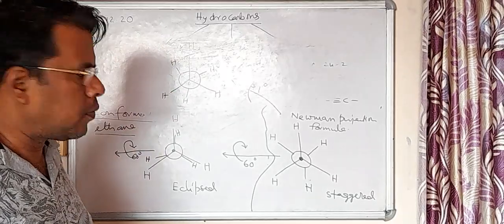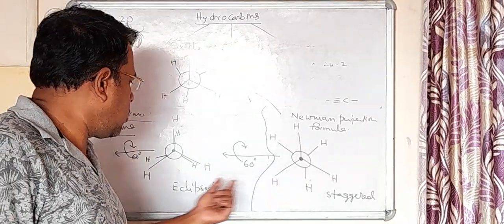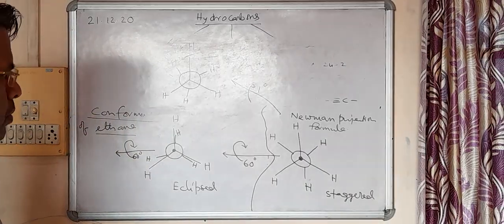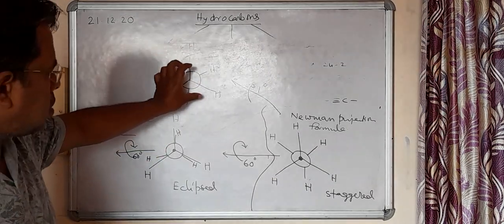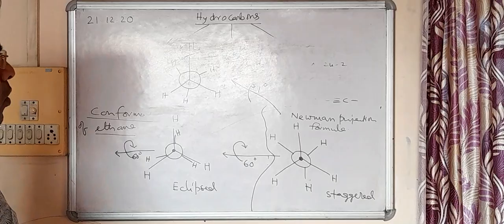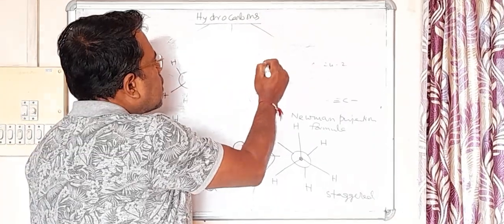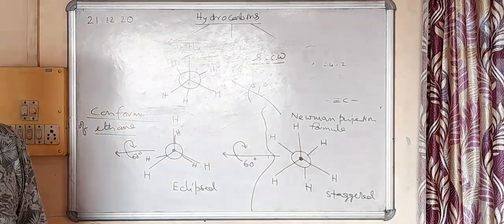Suppose I ask you how many forms are possible between staggered form and eclipsed form, then the answer will be infinite. There will be infinite forms between staggered and eclipsed, and all these conformations between staggered and eclipsed are known by this name: skew conformation.